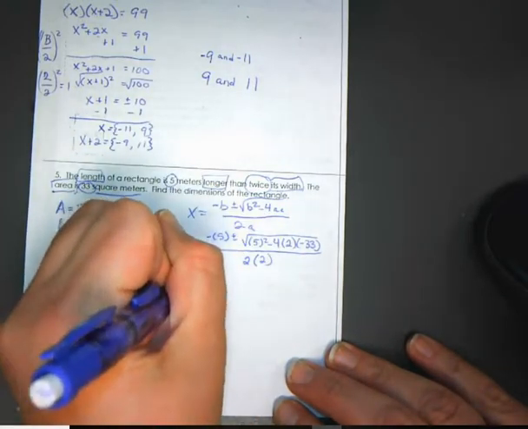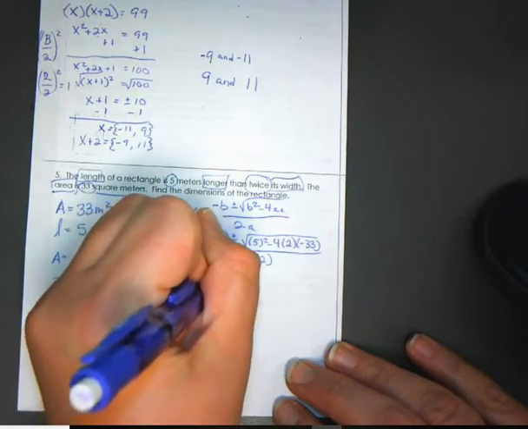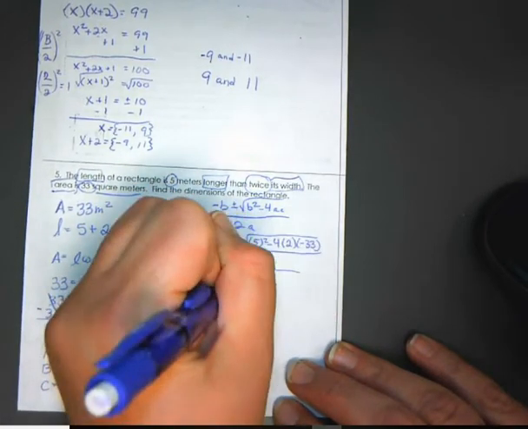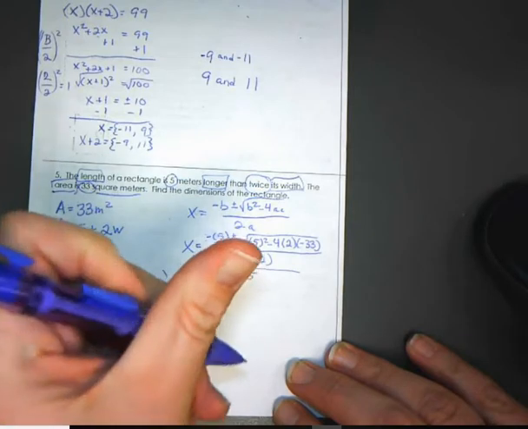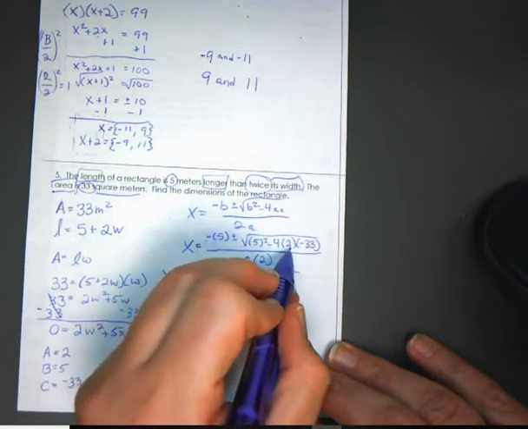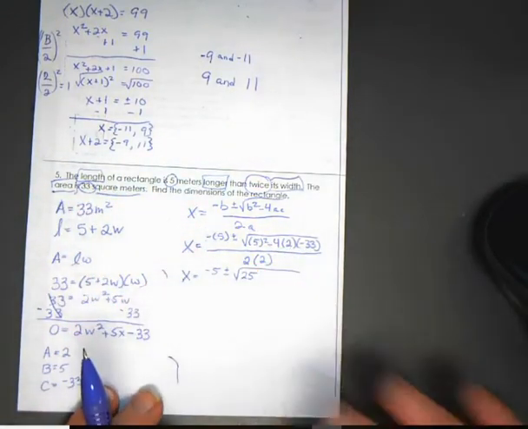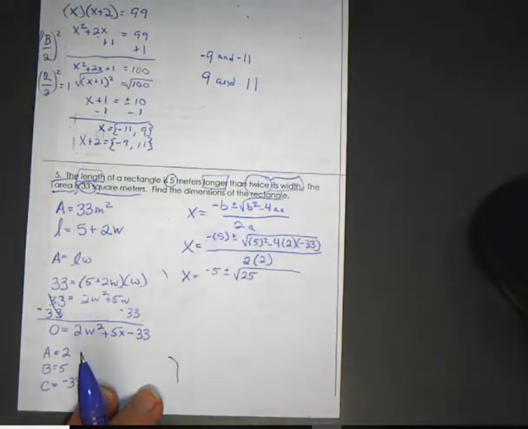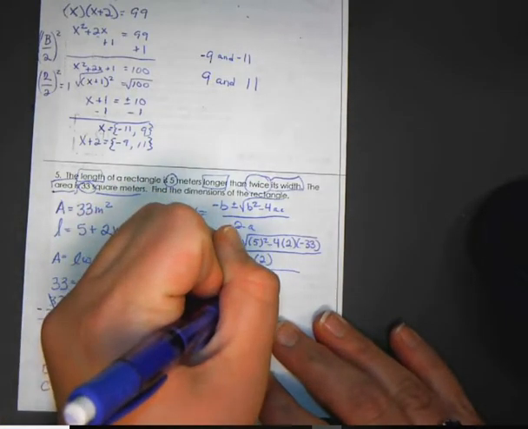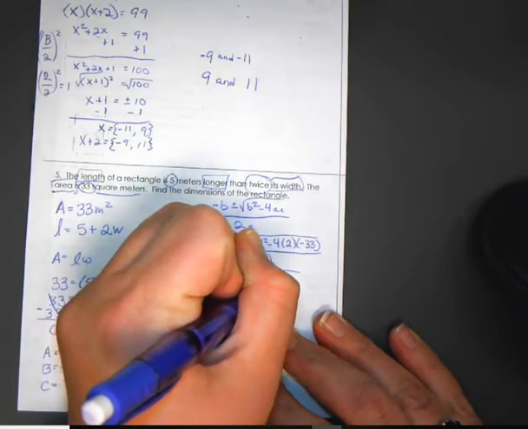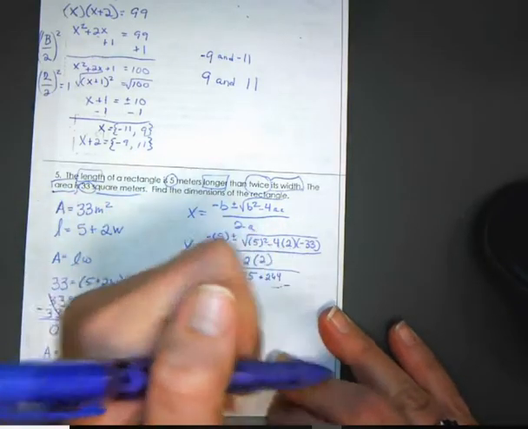So next we have negative 5 plus or minus square root of 25. And then we're going to have negative 4 times 2 times negative 33. And that is negative 4 times 2 times negative 33. Use a calculator for this. So plus 264. Because we have a negative and a negative, so it becomes positive.